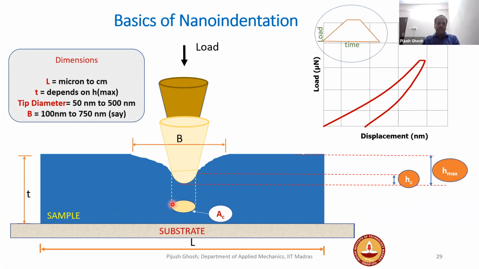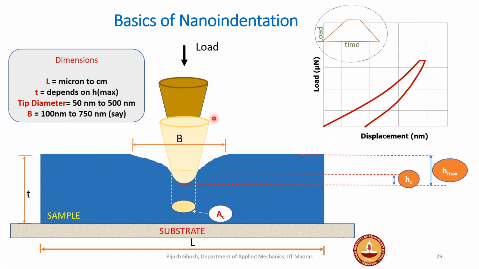The sample size can be anything from a few microns to centimeters. This total T that you are seeing, the sample thickness, depends on the H, how much depth you want to go. Here we can do a very thin film from nanometers to any bulk material. Tip diameter typically goes from 50 nanometers to 500 nanometers, and the width B can be anything depending on the diameter of your tip.